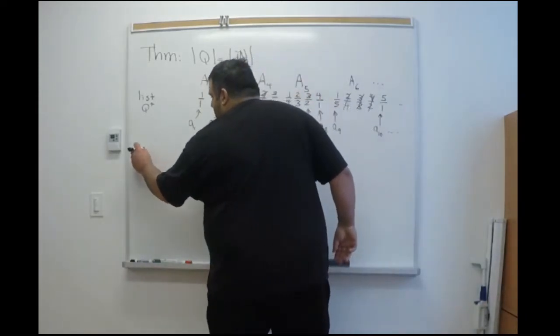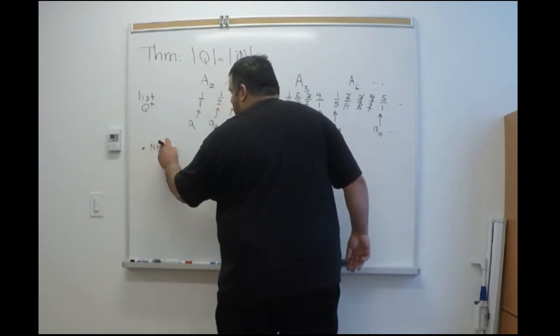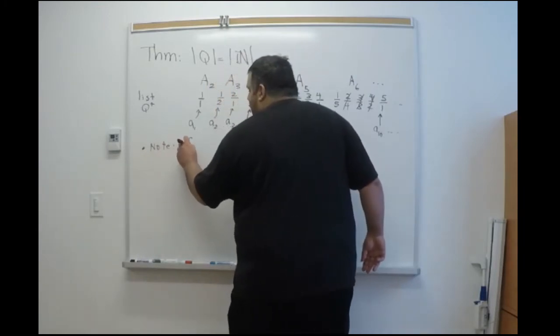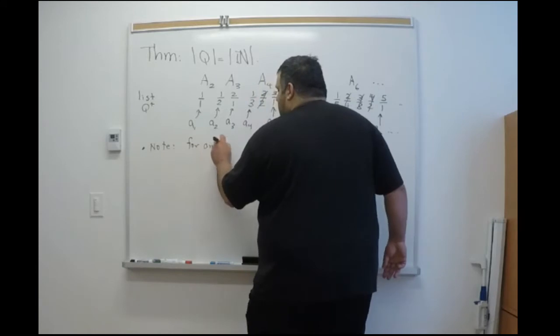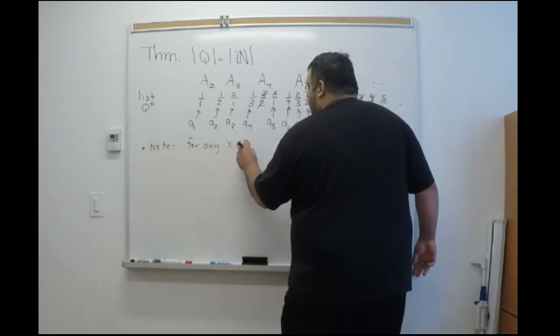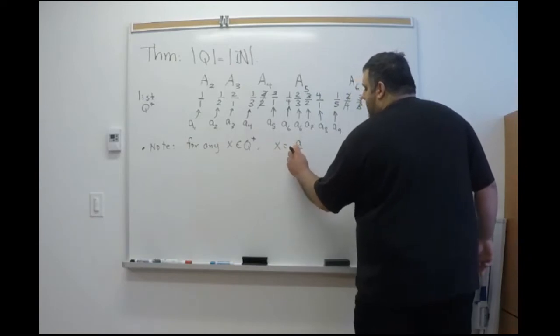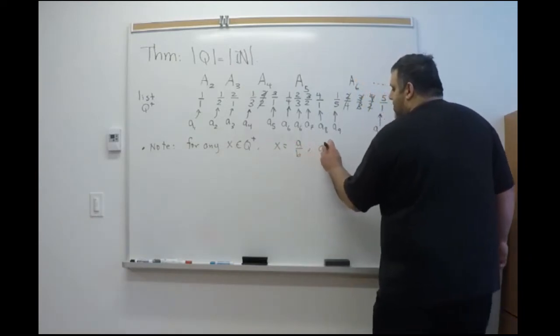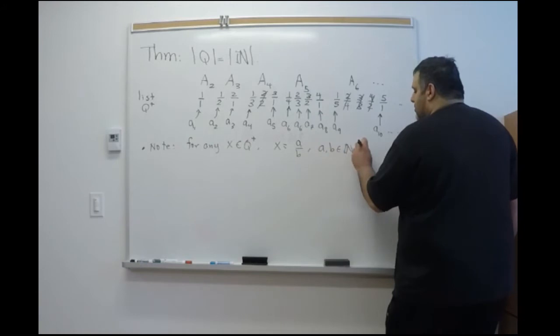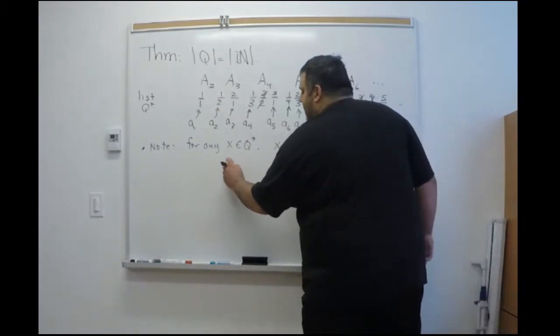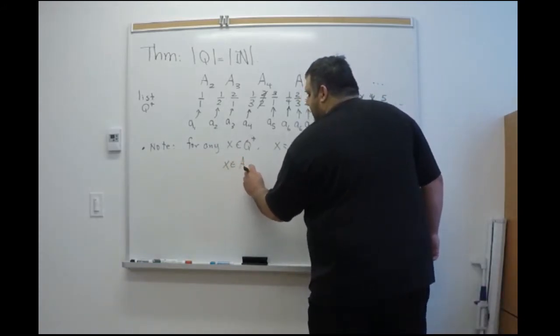You should note, for any x in Q plus, x is of the form a over b, where a, b are natural numbers. So x is an element of this set.